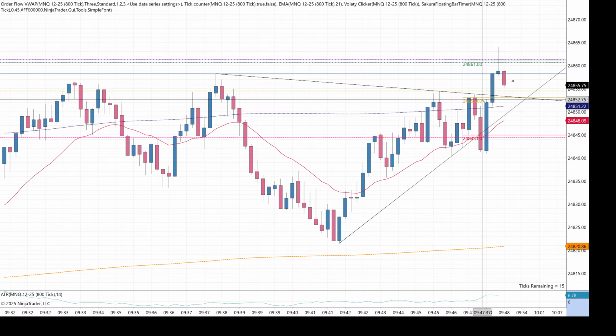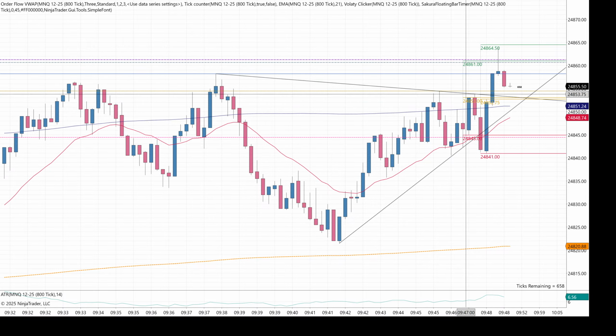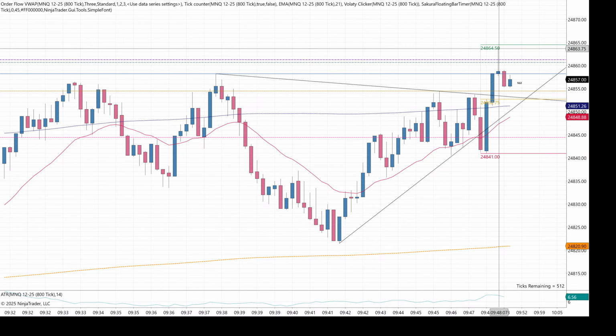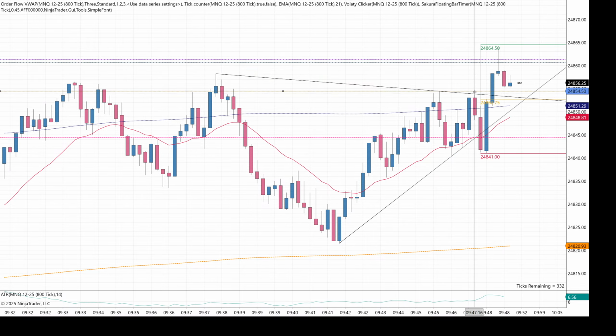This was the next bullish trigger. It almost hit its target. We did fill the gap.